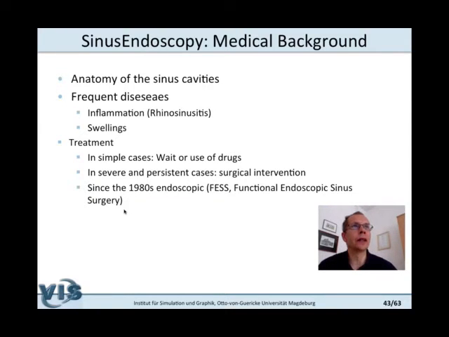But it may happen that this is severe, it persists over many weeks, it does not respond to conventional treatment, and in these persistent cases, surgical intervention is necessary, which basically means that these swellings are removed. Yeah, they are just dragged away so that they no longer could cause problems.